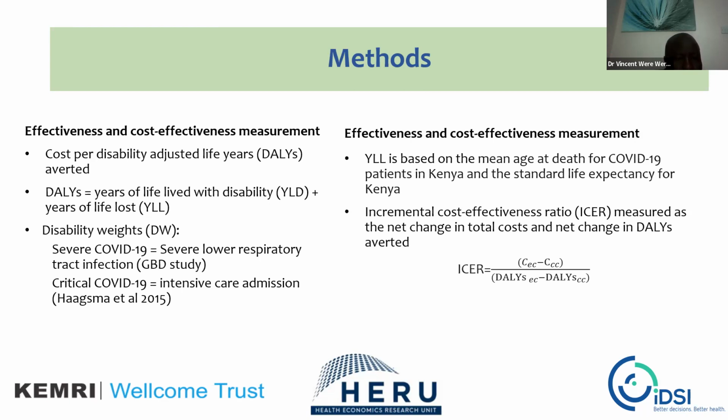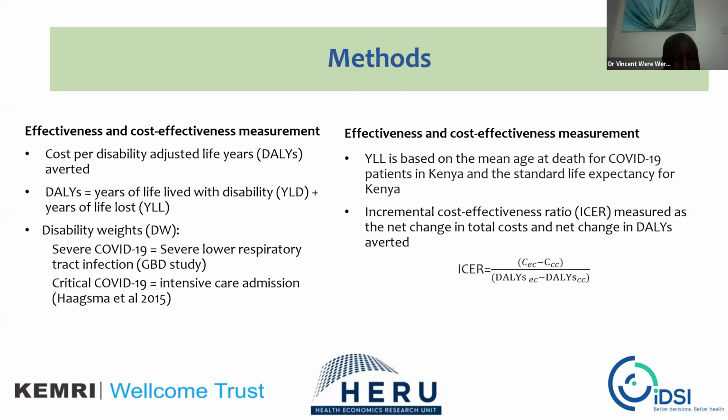Then the disability weight means in modeling cost effectiveness, all diseases have been provided with some weights. A disease which is more severe is given more weight than a disease which is less severe. And a disability closer to 1 means that that disease is very, very severe. It can actually cause death.